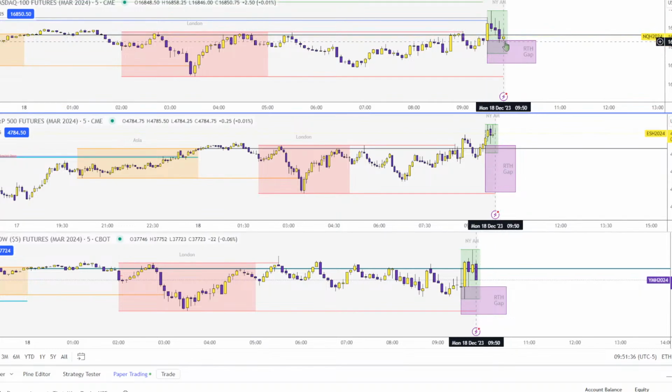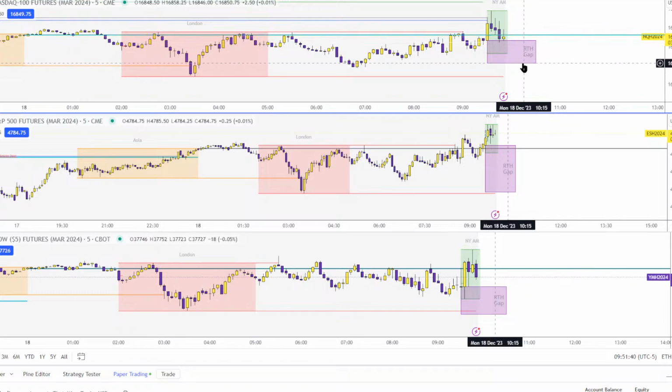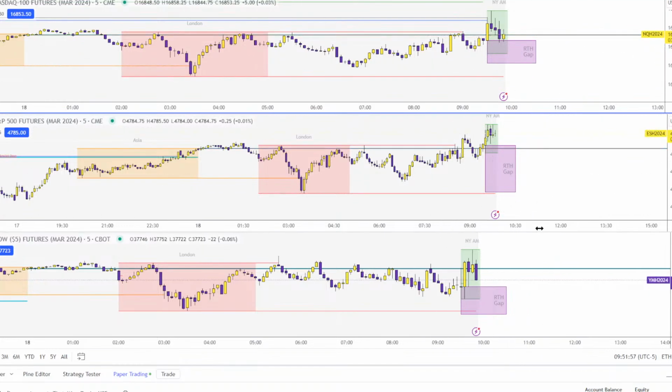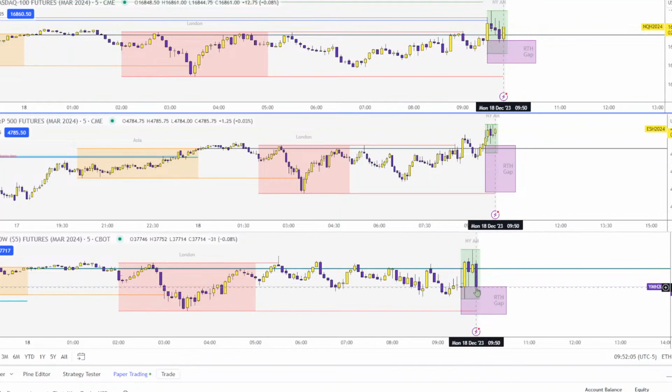Now we want to see that just melt into the gap here. Nine more minutes. This is reaching down into the gap.